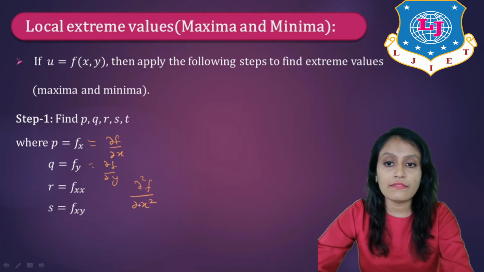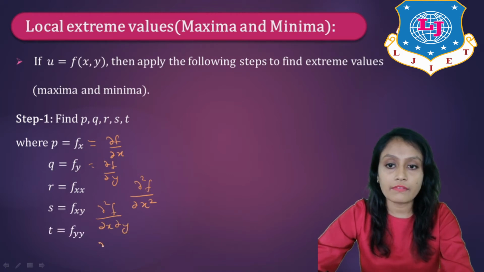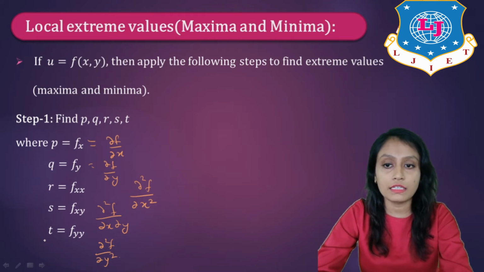S is Fxy, that is del square F by del X del Y, and T, that is Fyy, so del square F by del Y square. So in the first step we have to find this P, Q, R, S and T.